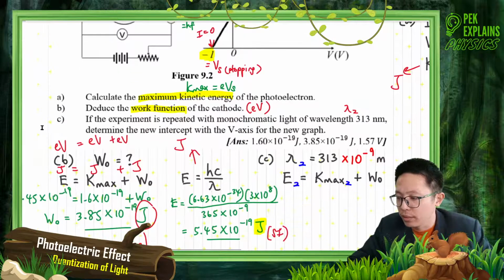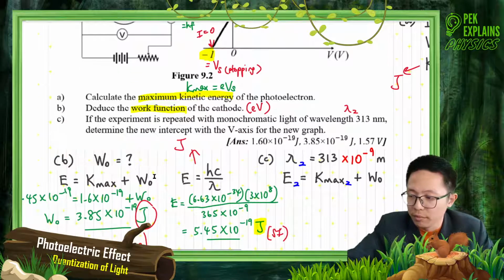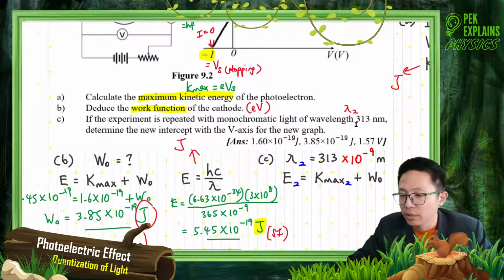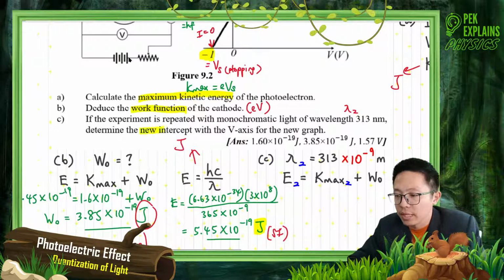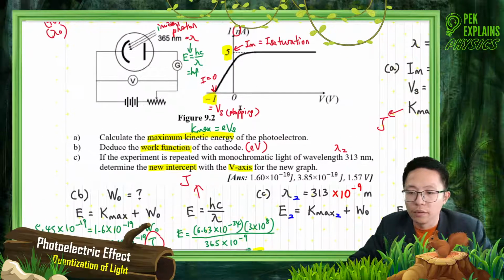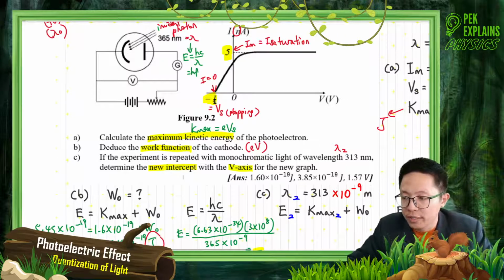I just want to rub this off because it's a bit messy already. I need to find the new intercept at the volt axis. What does this intercept mean? The stopping voltage. Okay, the new intercept for the volt axis is the stopping voltage.